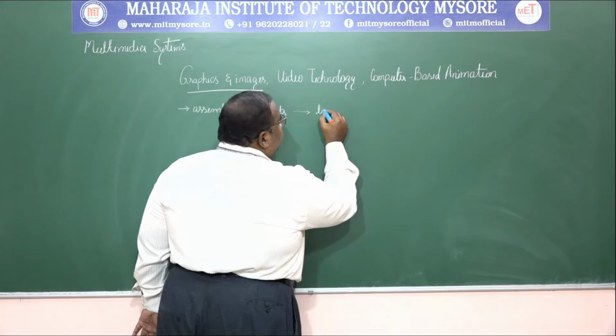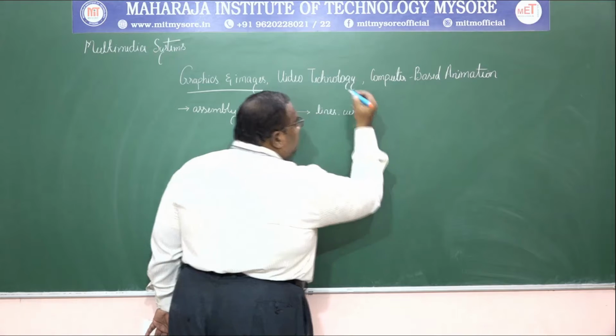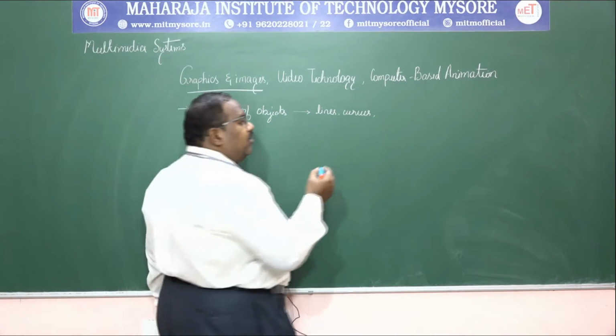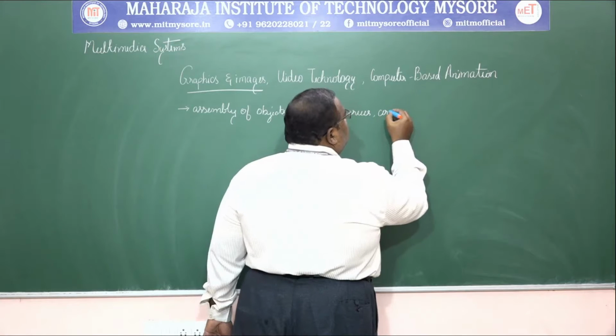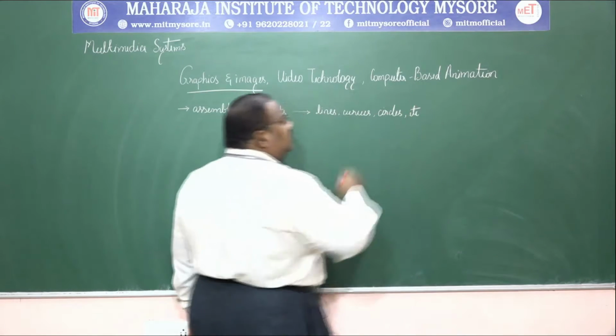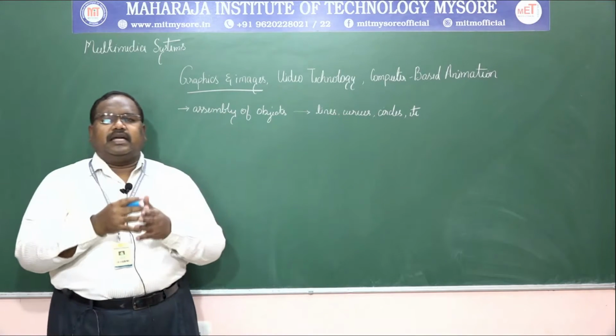It might be lines, it might be curves, and also it might be circles. When you talk about curves, the extended version would be circles. So these are the different objects that are used to frame a graphic.